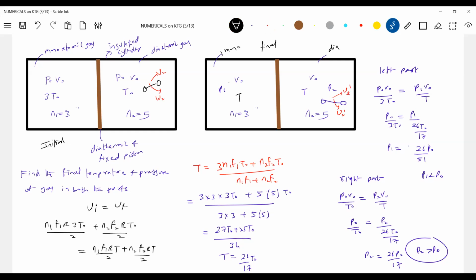Look at this monoatomic gas molecule. It was moving with a velocity, say V1. Now it will move with a different velocity, V1 dash. The reason is that temperature has changed. Even the root mean square angular velocity will change. What is omega 2? The angular velocity, omega RMS. Do all molecules have the same angular velocity?